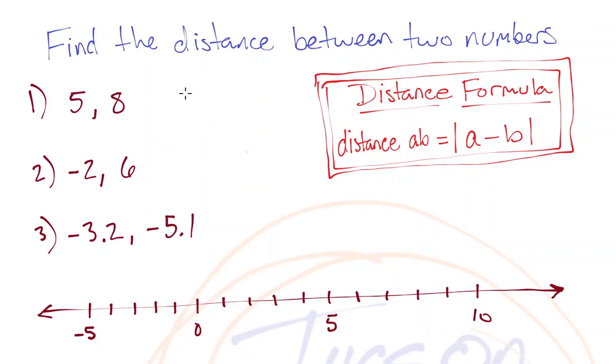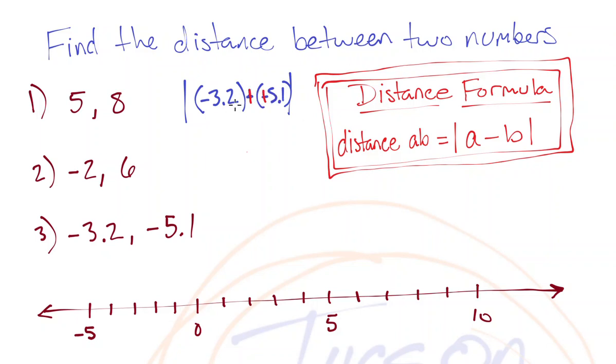Now, here it's a little bit harder. What's the bigger number? What's the smaller number? Well, if you remember the way you order negative numbers, the bigger number is -3.2, and the smaller number is -5.1, and then we put a minus sign in between.